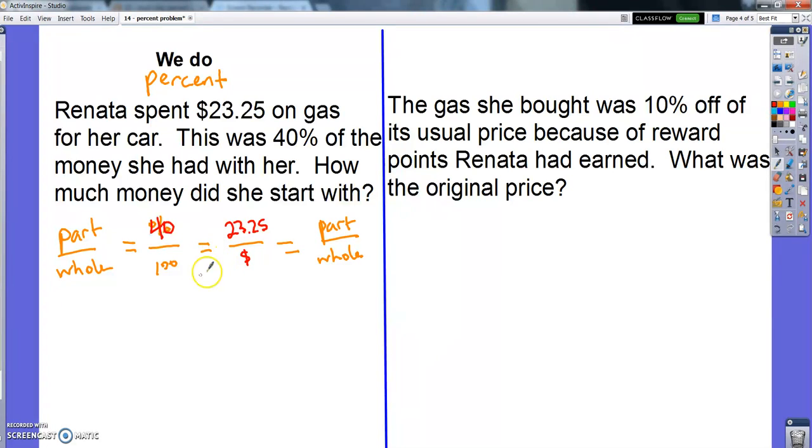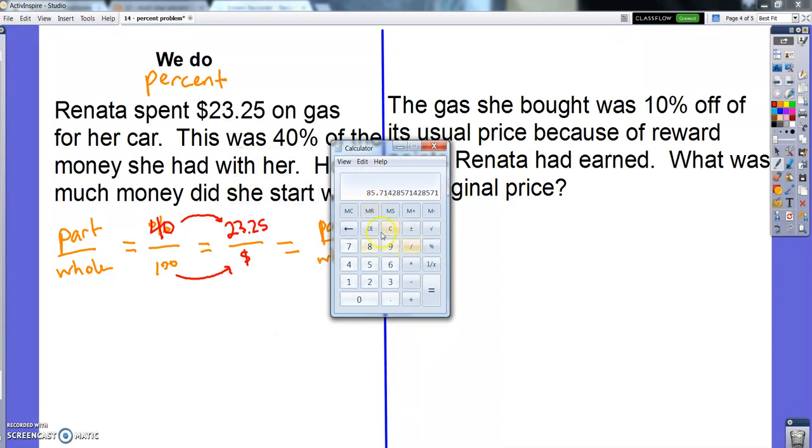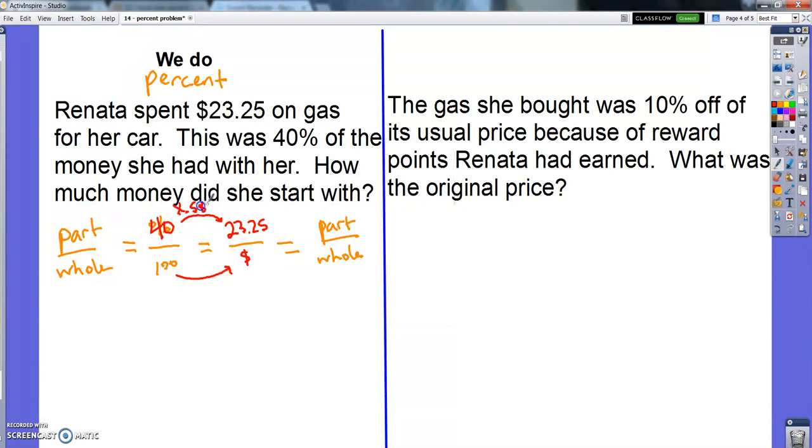All right. So I want to know how to get from here to here. To get from here to here, it's going to be smaller. 23.25 divided by 40. I'm going to multiply by a decimal, times 58.125.